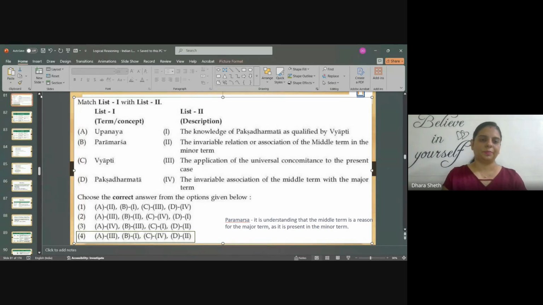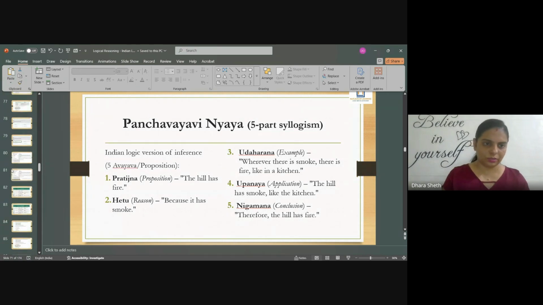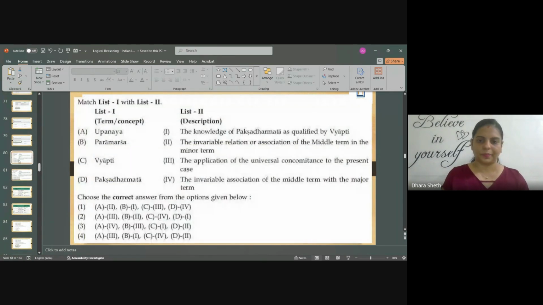Found it. Upanay is the application, the 4th stage. Let's come back to the question. Yeah. So Upanay is the application of universal concomitants to the present case.